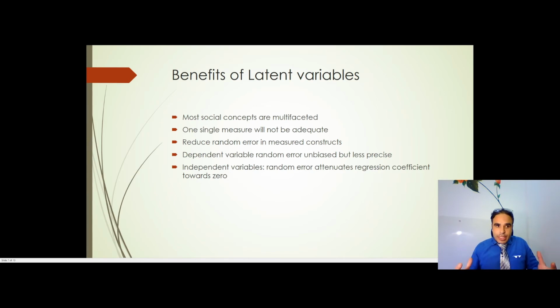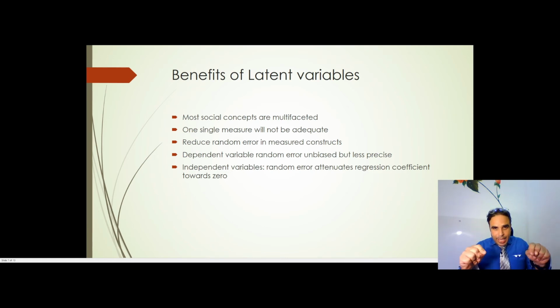It's important in our study or in our investigations to reduce random error in measured constructs. For dependent variables, random error is unbiased but less precise. In the case of independent variables, we might face random errors, and usually random errors tend to attenuate regression coefficients towards zero.